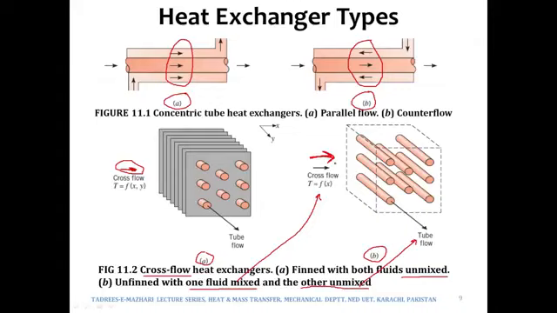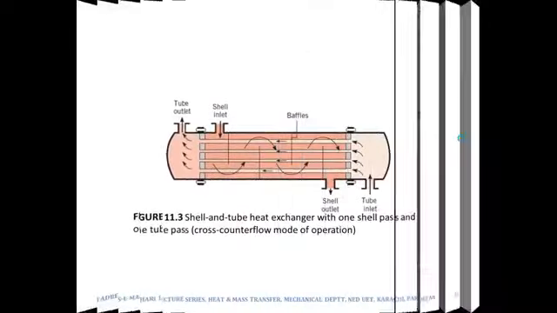Right? So both fluids unmixed, or one fluid mixed and the other unmixed. That would be the two cases in cross flow heat exchangers. Out of parallel, counter and cross flow heat exchangers, the counter flow is considered to have the best performance over the others.